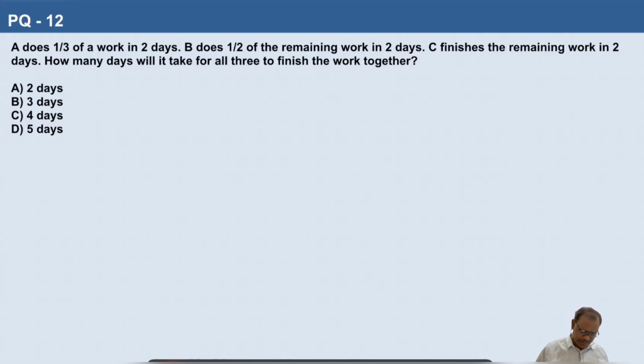So we have 3 people here, A, B and C. A can do 1/3 of the work in 2 days, so he can do the total work in 6 days. B does half of the work in 2 days, so he does the total work in 4 days.